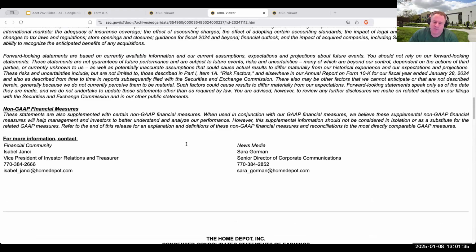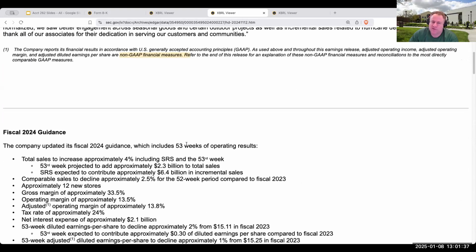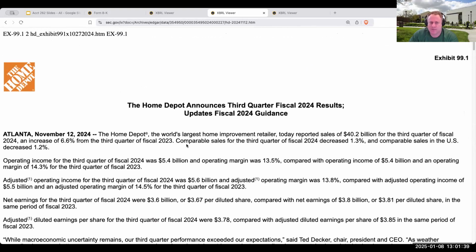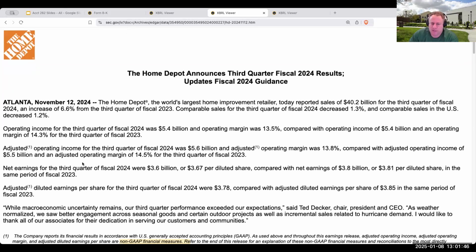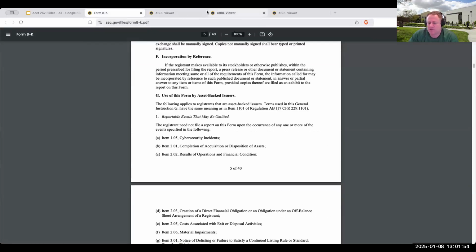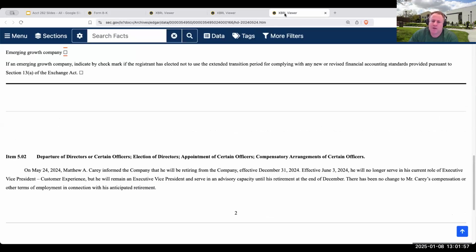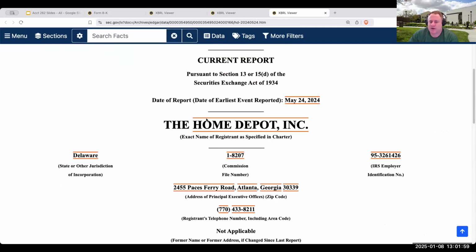So the auditors before Home Depot released this, and I think their auditors might be KPMG, but don't quote me on that, would need to make sure that everything in this press release has been vetted. I think that's actually a question that's shown up on the CPA exam: what's the obligation as to financial press releases?